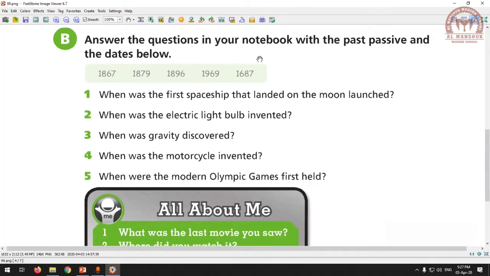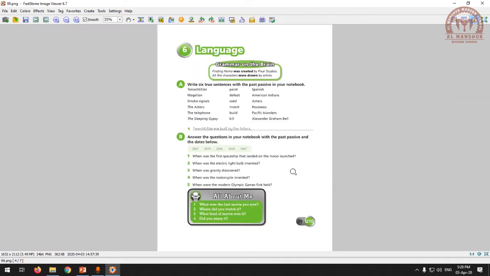All right, let's go to the second exercise. Answer the questions in your notebook with the past passive and the dates below. Okay, so it's the same as the last one. I'm gonna do this one for you. I'm gonna write on this side. When was the first spaceship that landed on the moon launched?